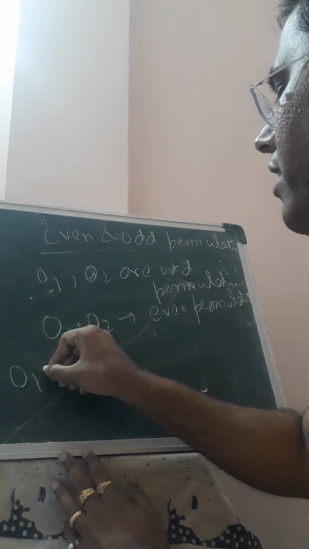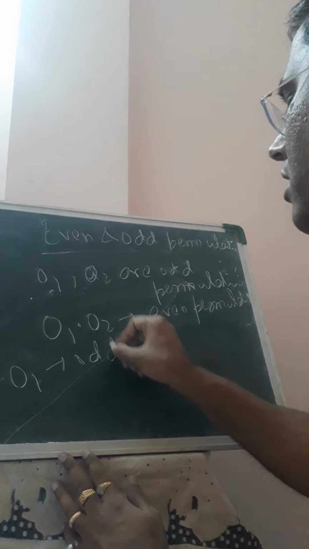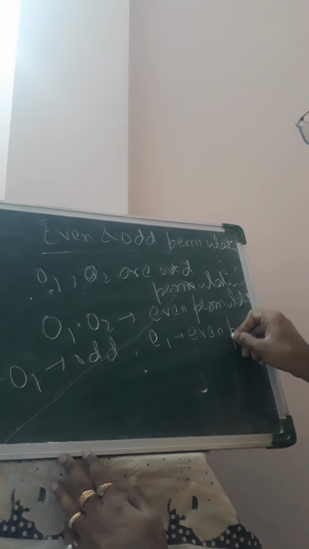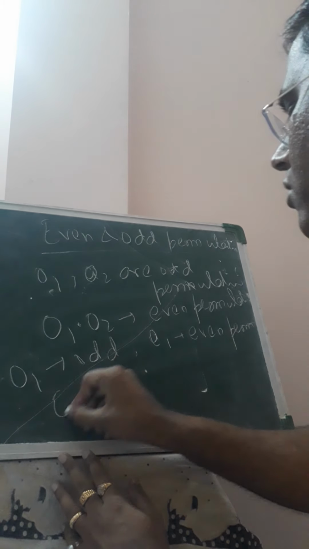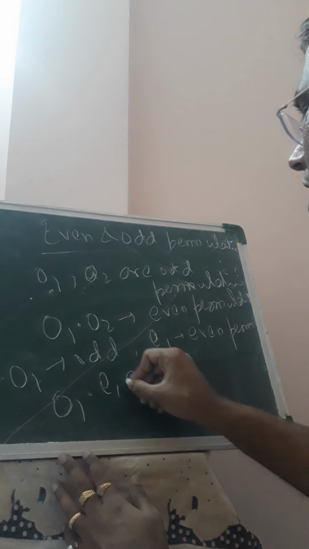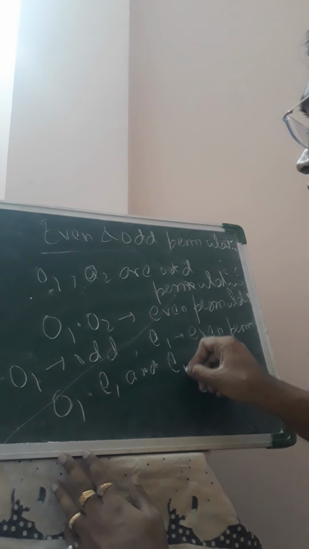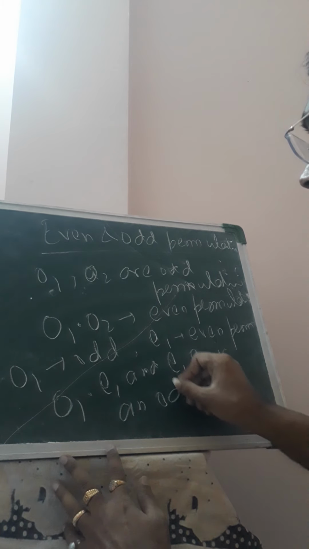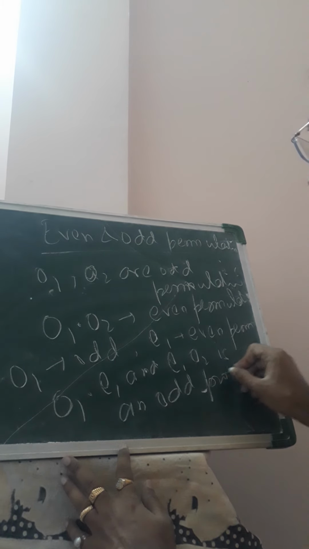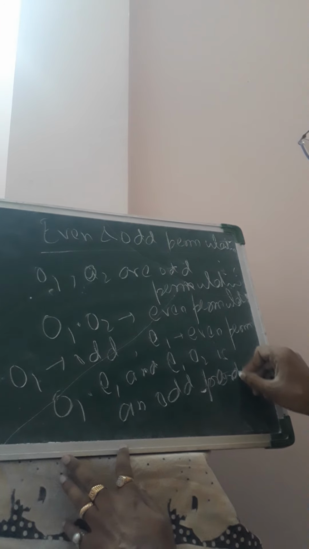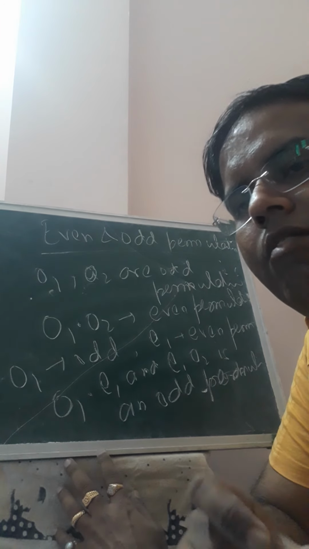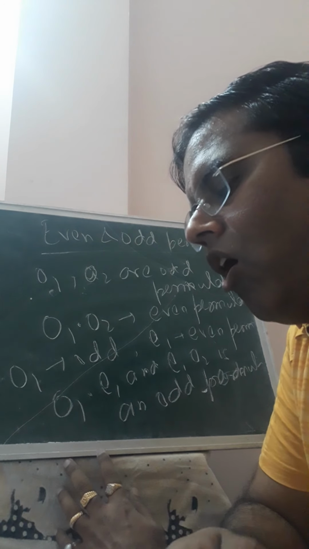Also, if O1 is an odd permutation and E1 is an even permutation, then O1 times E1 and E1 times O1 are odd permutations. So the product of two odd permutations is an even permutation, and the product of an even and an odd permutation is an odd permutation.